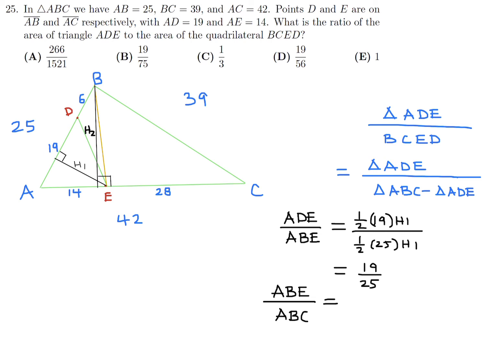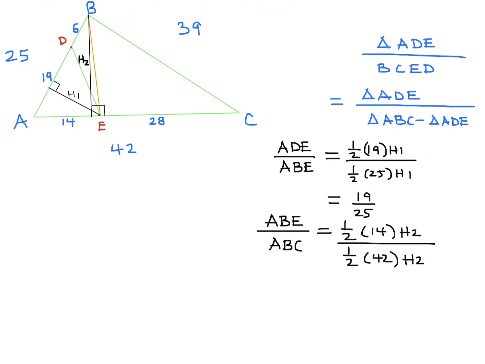Okay, so ABE, the base is 14, 1/2 base times height. Height is H2. ABC, the base is 42, 1/2 base times height, and the height is H2. So in a very similar way, we get 14 over 42. All right, which is, I think that's 1/3, right?